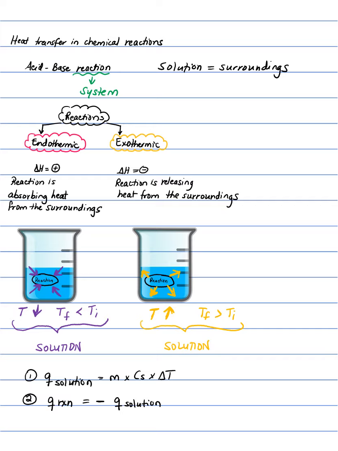If you calculate the heat of your solution and you get a positive number, then the heat of your reaction will be the negative of a positive number, which is going to give you a negative number. So the heat of the reaction is always the opposite of what you have for the heat of your solution.